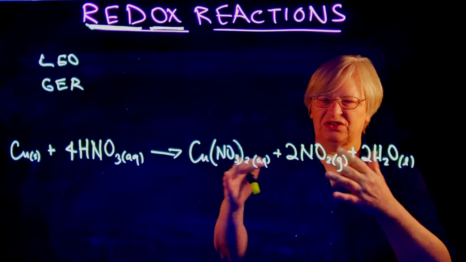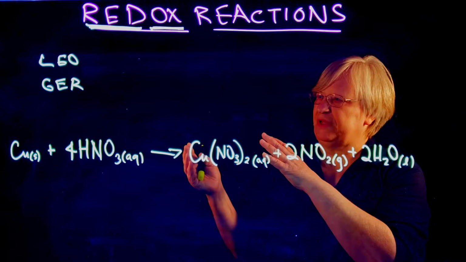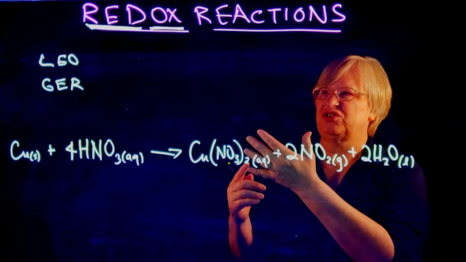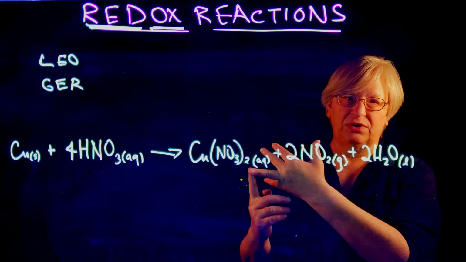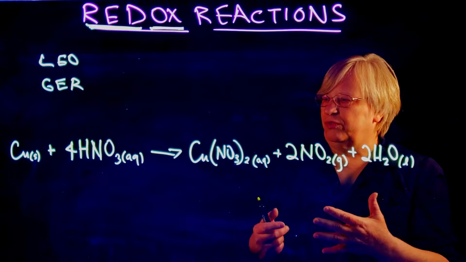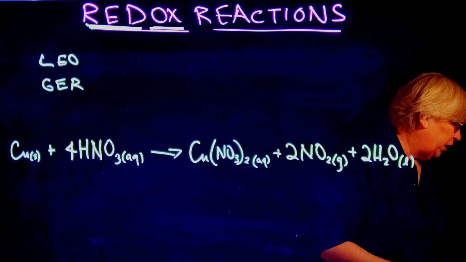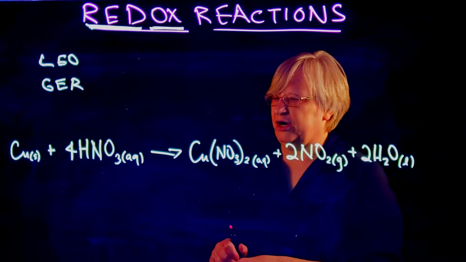And of course, they're arranged in different ways over here, but 2 of them are going to be changing their oxidation numbers, but 2 of them are not, because we always just have one thing being oxidized, one thing being reduced. The other 2 can't be changing. So the way we do this is by assigning oxidation numbers. And then we look to see who's changed.